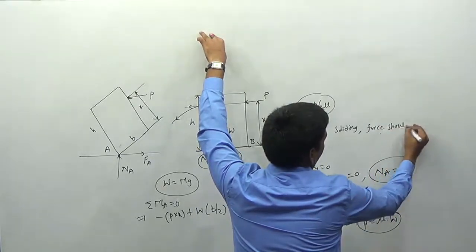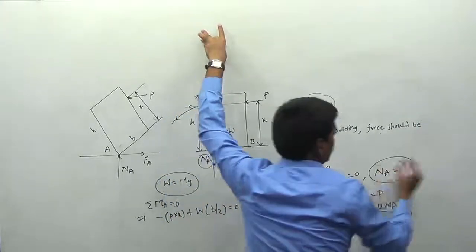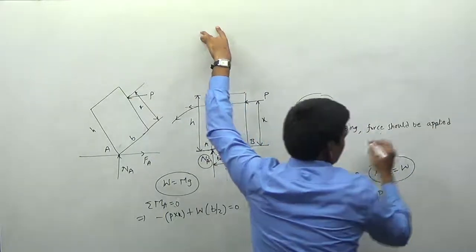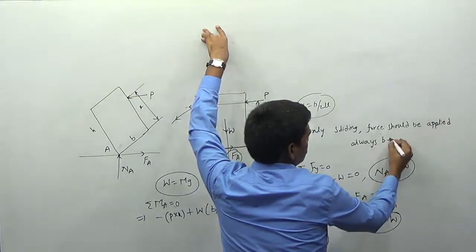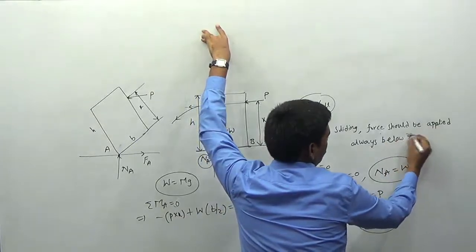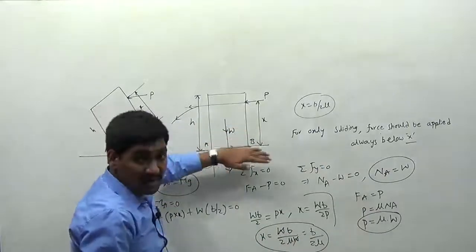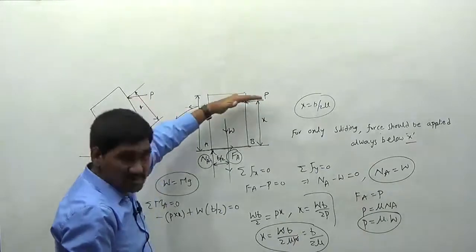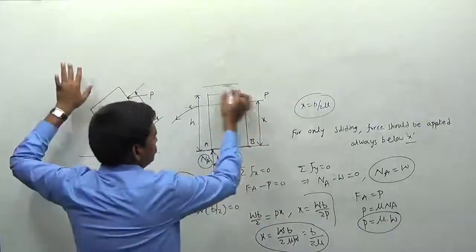The force should be applied always below x. So if you apply the force P above the distance x here, then the body tips over. If you apply the force P below the distance x here, then the body just slides in this way.